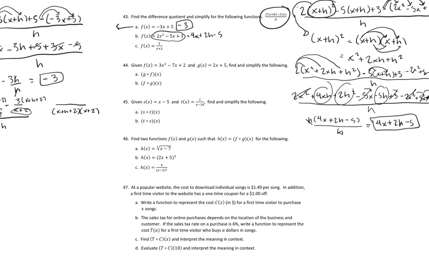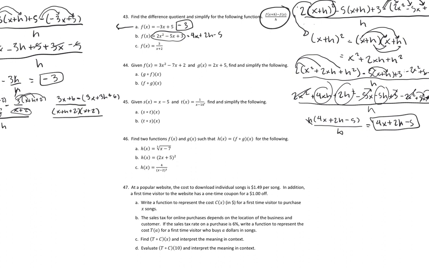So then if we do that, for this first part, that's going to be 3x, and I'm just going to distribute that, plus 6, and then minus, remember, this whole thing. So if I distribute that, that's going to be 3x, and then plus 3h, and then lastly, plus 6.